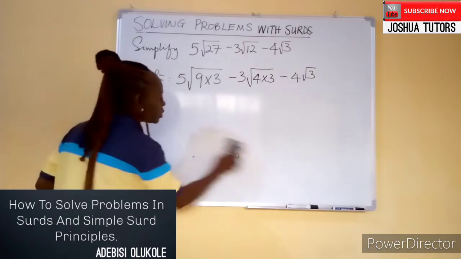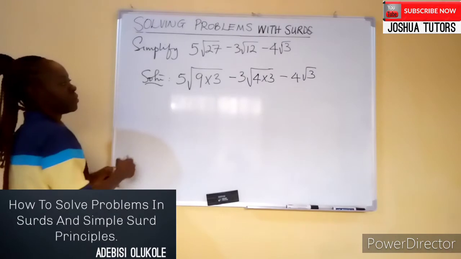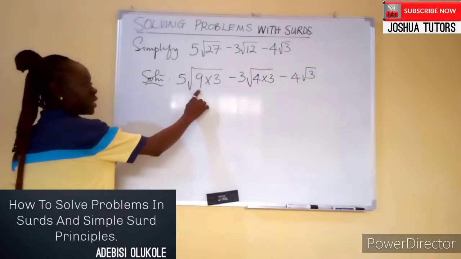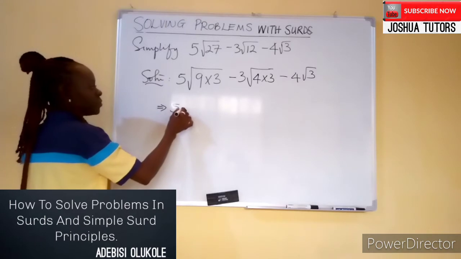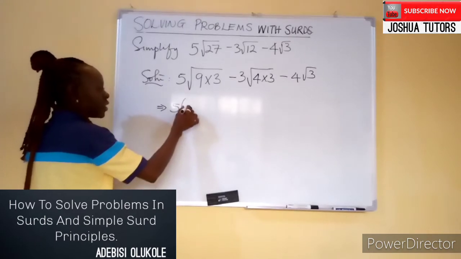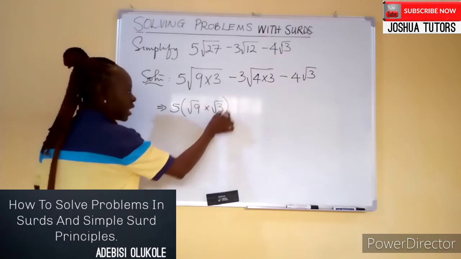So I'm going to split this surd here. I'm going to split surd 9 times 3. Watch me now. I'm going to have 5 times surd 9 times surd 3. I'll split it.